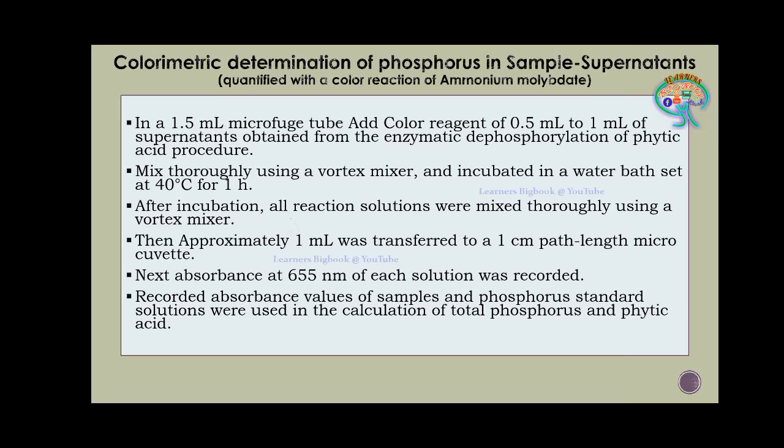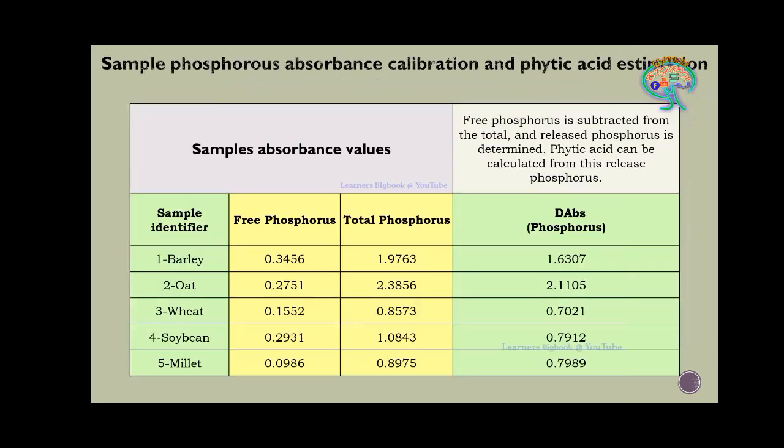In the sense, if you are going to take 5 different food samples, for each one you have to do this particular procedure, and you can estimate the absorbance of those samples. Now further, in this slide you can see whatever absorbance has been recorded.